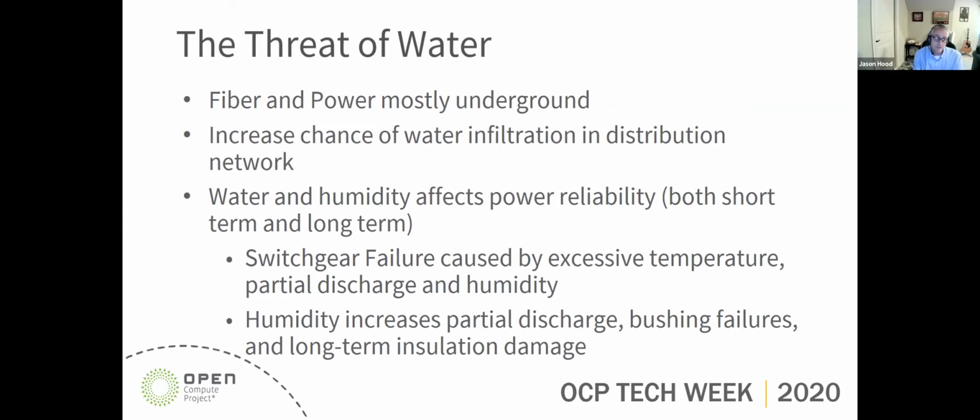So that presents a risk. But even if you follow these guidelines and you put everything below ground, you're not risk-free. That's the bottom line: if you're below ground, you're increasing your chances of water infiltration into the distribution network, whether it's the fiber vaults of the outside plant, the actual building entrances with power, the utility vaults, or the substation. All the power systems are at risk.